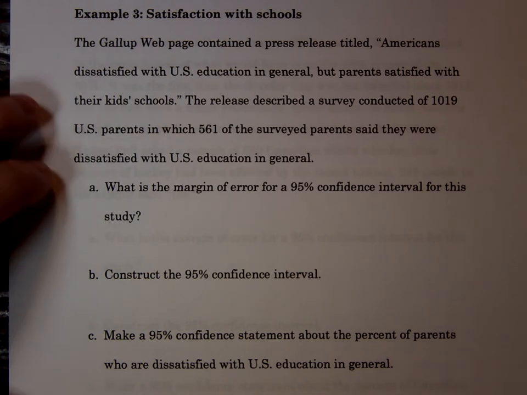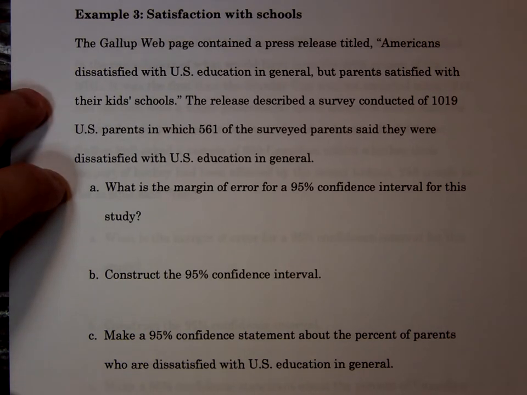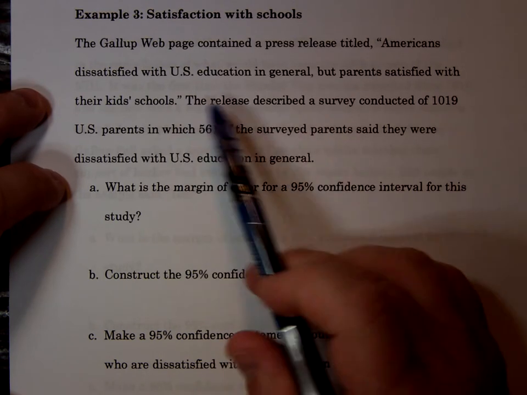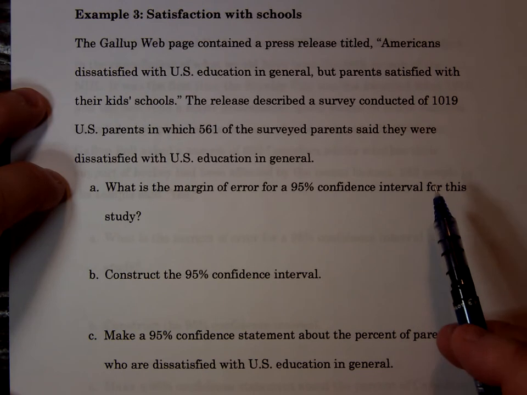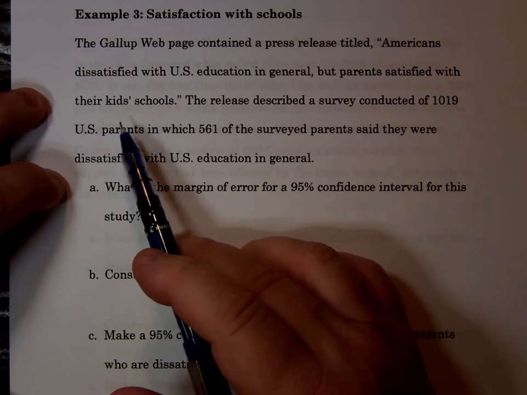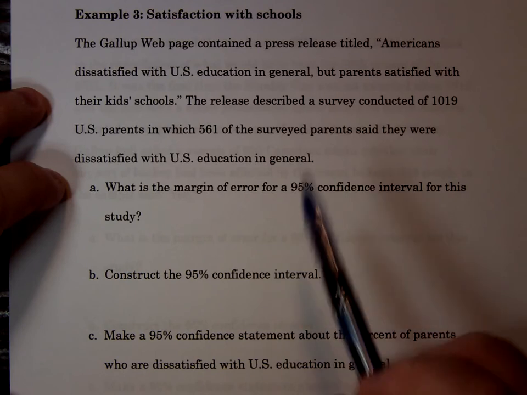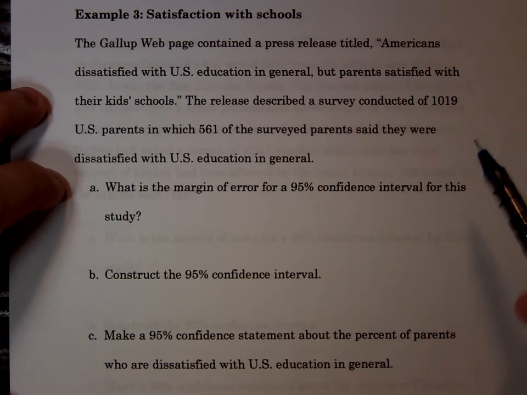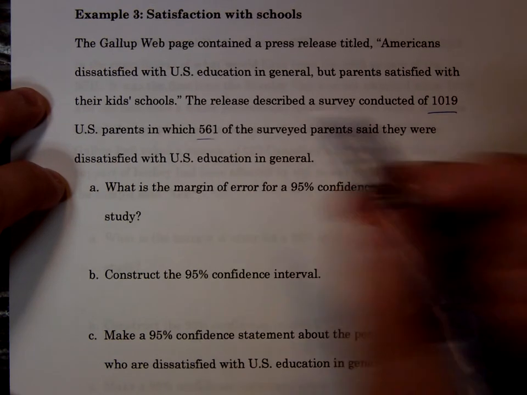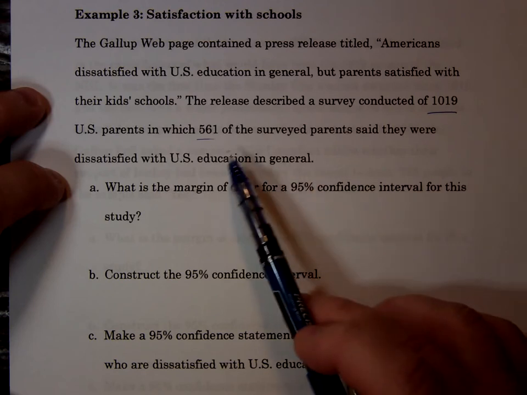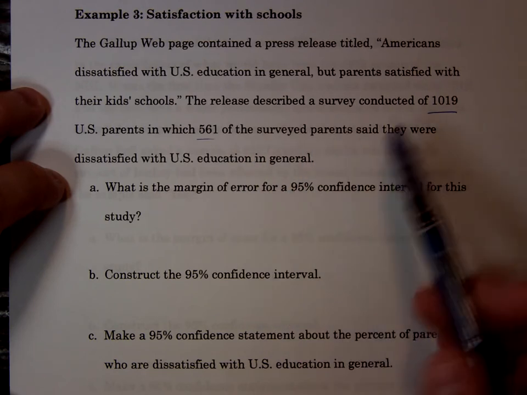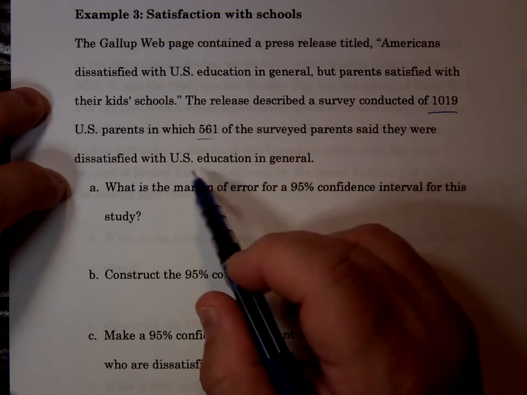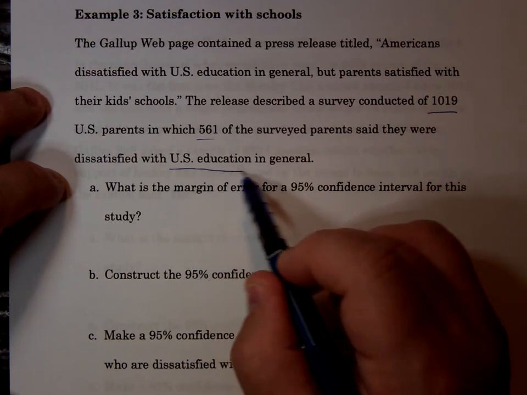So the Gallup webpage contains a press release titled "Americans Dissatisfied with U.S. Education in General, but Parents Satisfied with Their Kids' Schools." So the release described a survey conducted of 1019 U.S. parents, in which 561 of them said they were dissatisfied with the U.S. education in general.